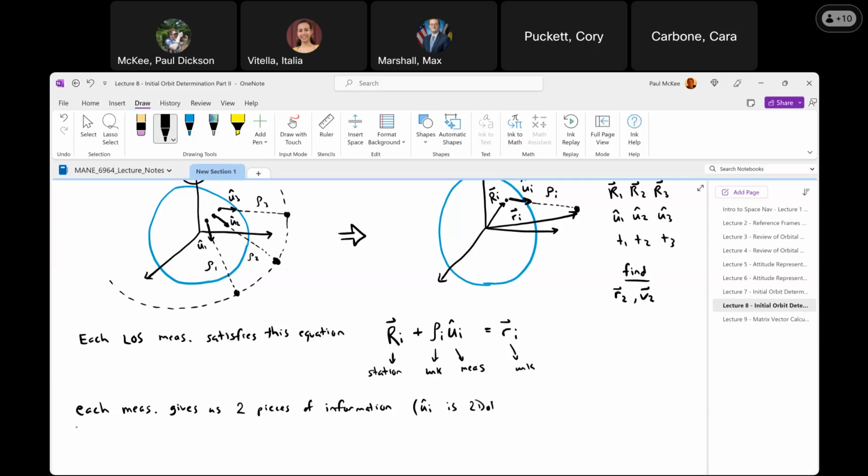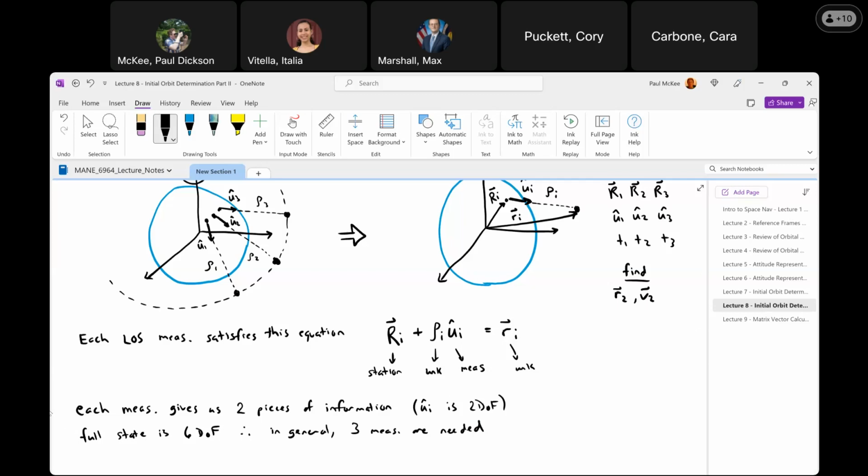You can think of those as azimuth and elevation angles. And the full state, R2 and V2, is 6 degrees of freedom. Therefore, in general, and there are edge cases where this is not true, 3 measurements are needed.